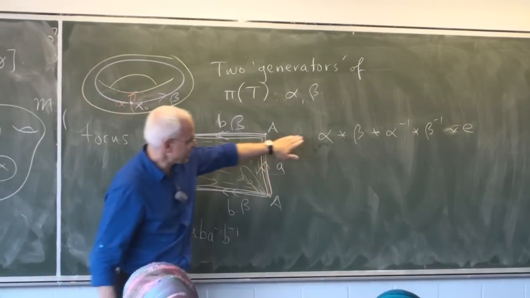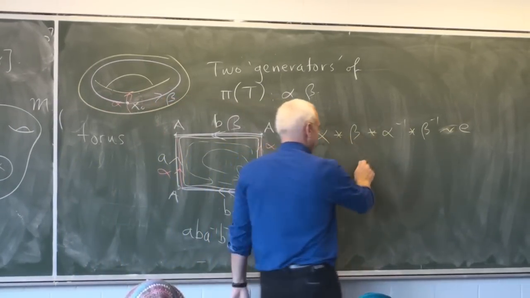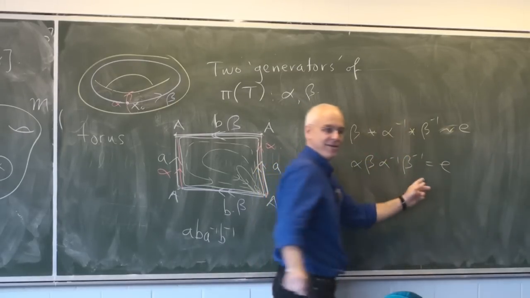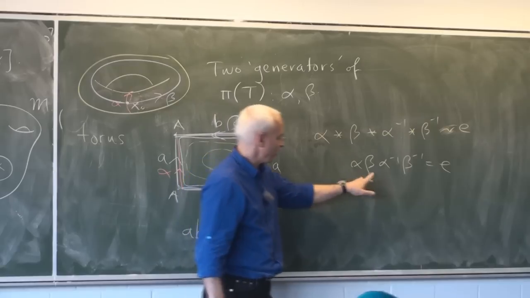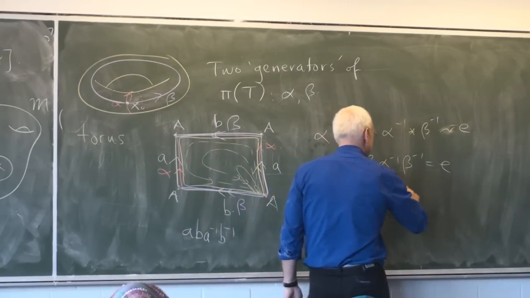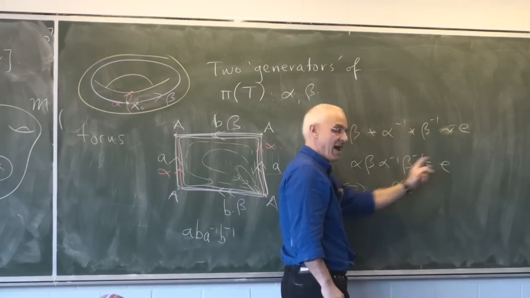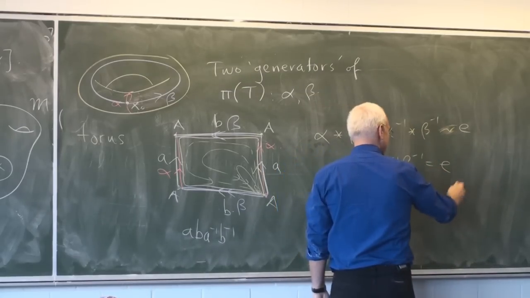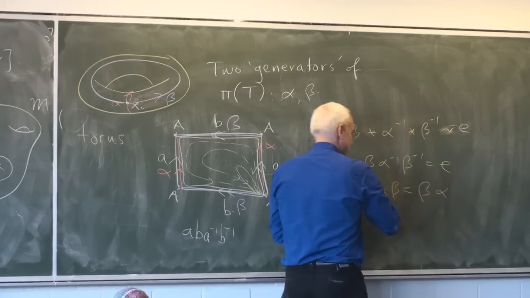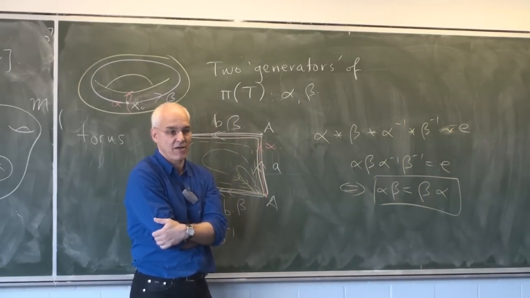So this is an equation. It's an algebraic equation. If there weren't any multiplications here, we would usually write this just like this. And that's really the same as saying that alpha beta equals, well, if we multiply by beta on the right and then by alpha on the right, it's really the same as this relation, that alpha beta equals beta alpha.